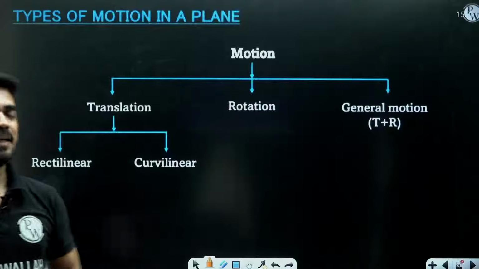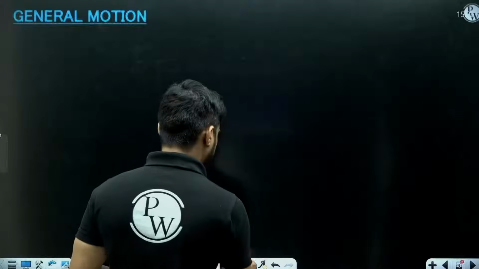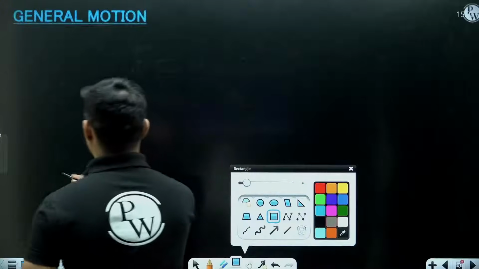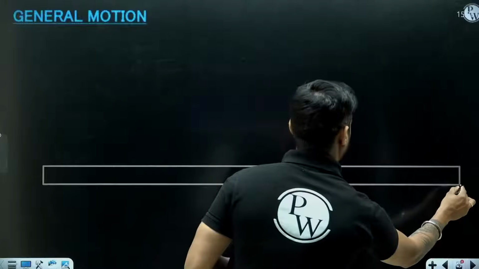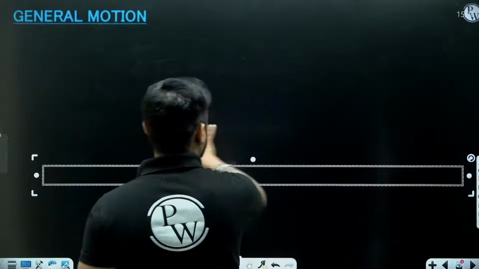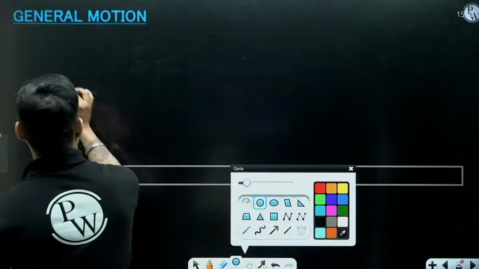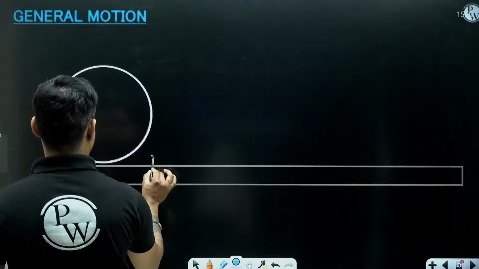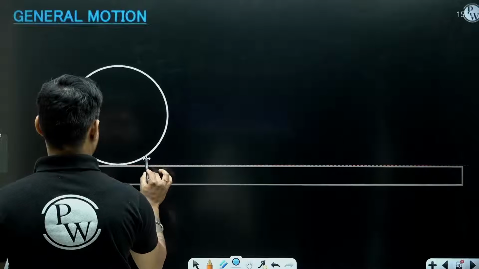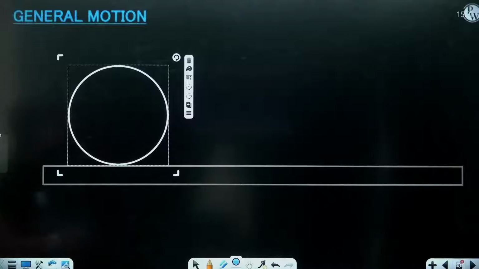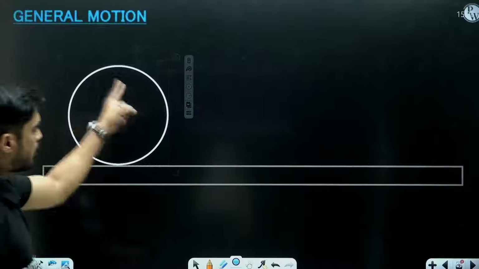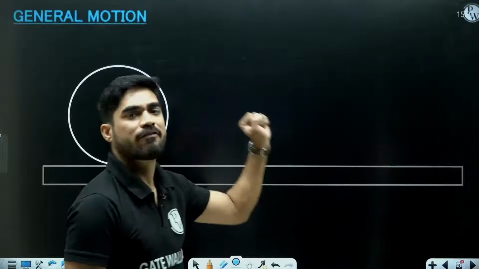Okay, let's understand this by an example. Let's say that a wheel is moving on a flat surface. Let's say this is your wheel. It is moving on a flat surface by rolling without slipping.